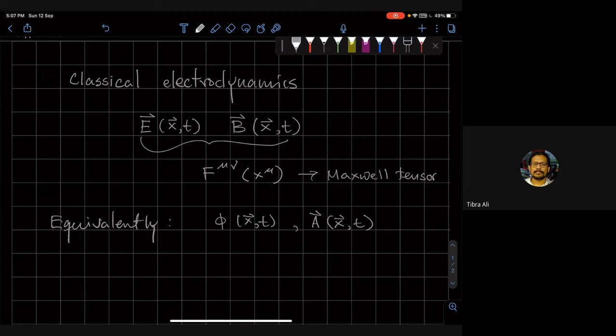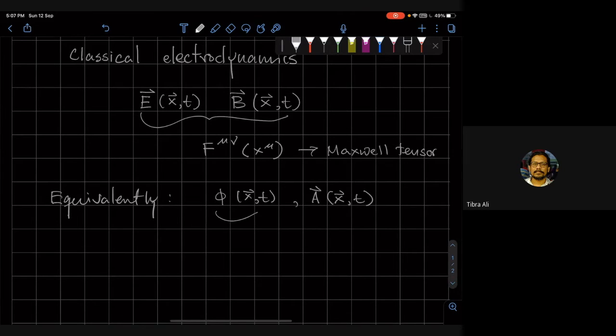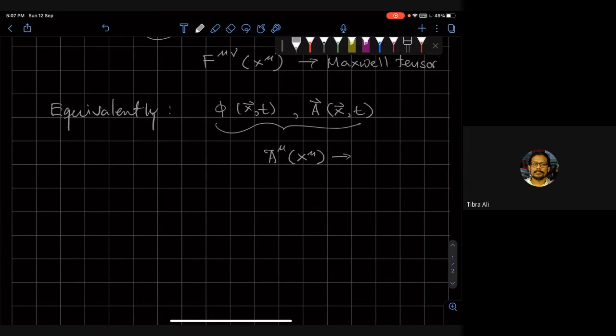Okay, and these 4 components in a special relativistic covariant language become part of a 4-dimensional vector potential. Okay, so this is called the vector potential. It's also called the gauge potential.